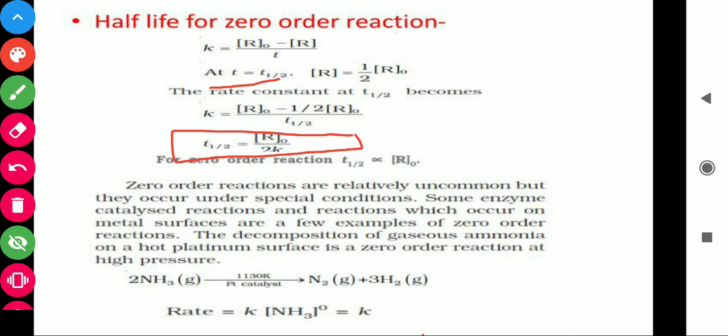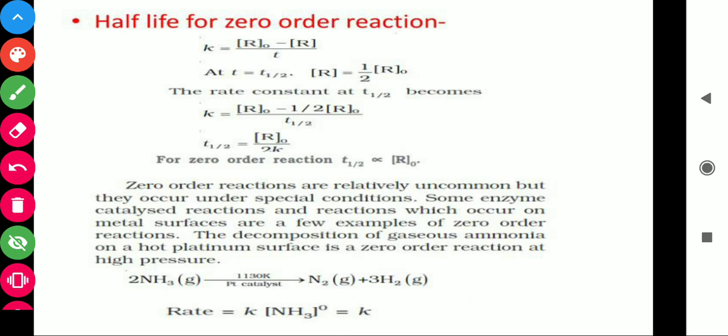Again k here is rate constant. Zero order reactions are very uncommon and happen at special conditions. One example is decomposition of ammonia.